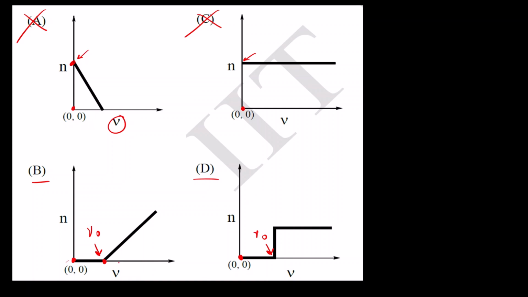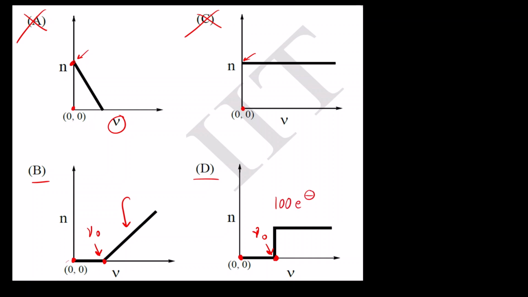Now after the threshold frequency, what will the number of photons depend on? Will it increase linearly like this, or will it be something like this? Will it increase linearly? The answer is no. What will happen at the threshold frequency, nu naught? Let's say 100 electrons are emitted all at once.